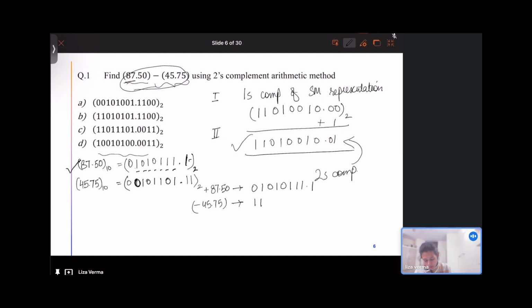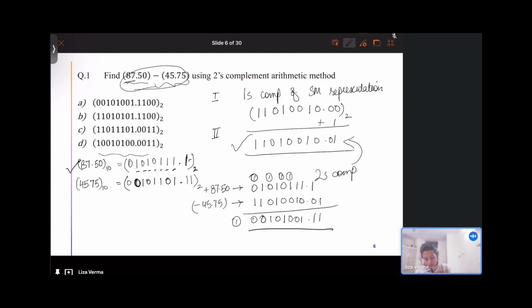This will be 1, 1, 0, 1, 0, 0, 1, 0.01, right? We'll add these. 1 plus 1 would give us 0 and carry of 1. 1 plus 1 again 0, carry of 1. This will be 1, 1 plus 1, 0, carry of 1. Again 1 plus 1 would give us 0, carry of 1, 1 plus 1, 0, carry of 1. So this is your number, right?